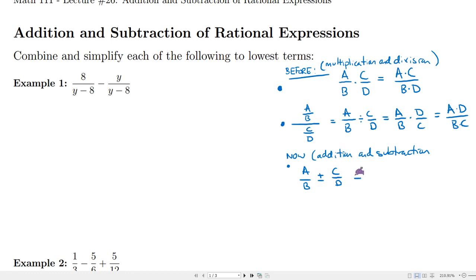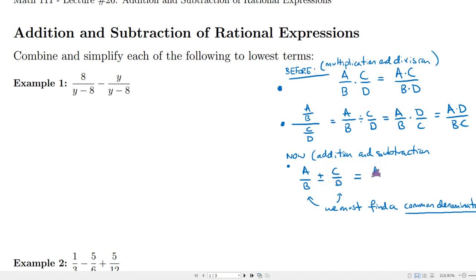Before we even do this, first we must find a common denominator. One way that you could do that is the following.